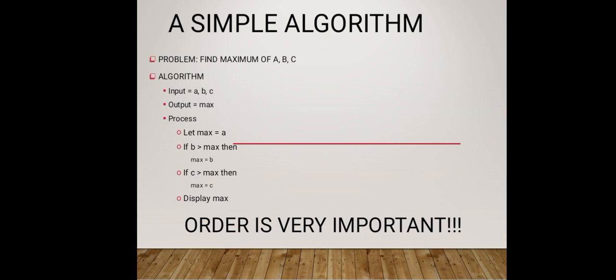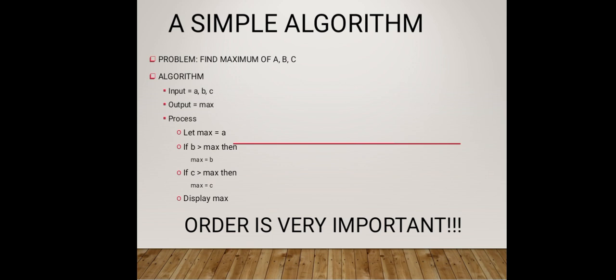Input equals A, B, C. Output equals maximum. Process: let the maximum equal A. If B is greater than maximum, then maximum is equal to B. If C is greater than the maximum, then maximum is equal to C.